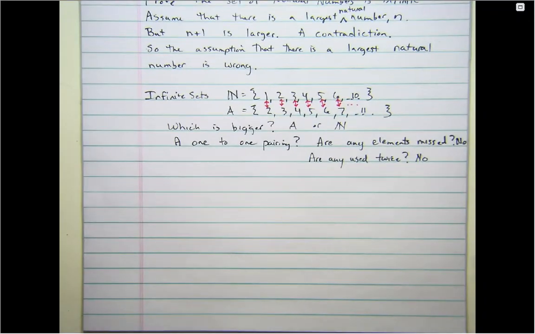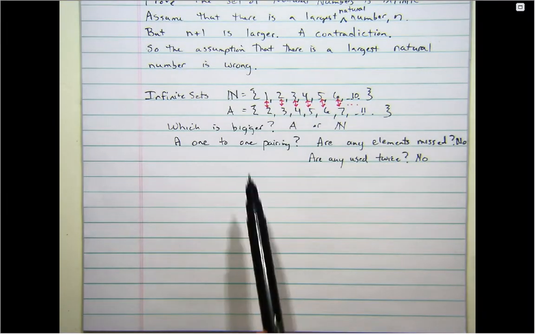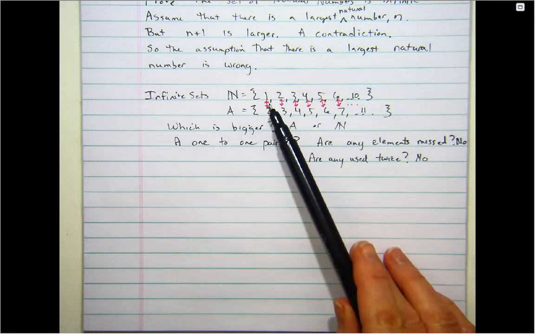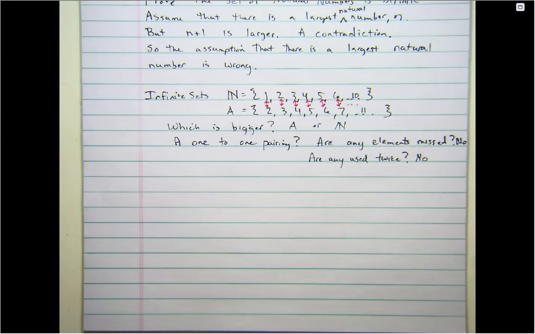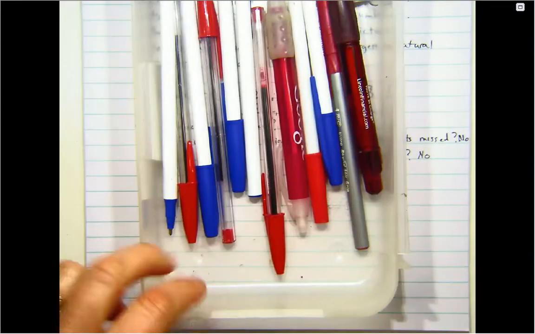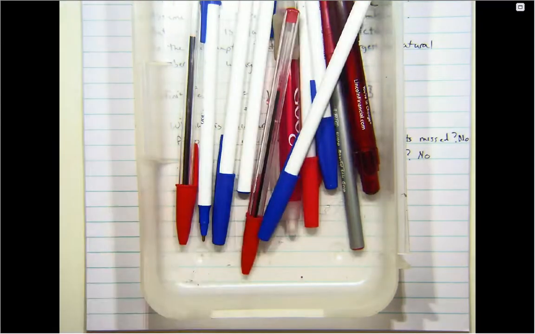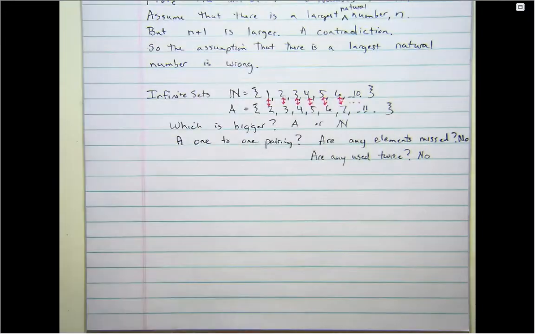So that's kind of weird. I mean, it's totally understandable where you would think, well, this has an extra number. And yet, what holds true with your life history and what you remember throughout childhood, that if you have so many pens and you take away one pen, then you have less pens. With infinite, that's not necessarily the case.